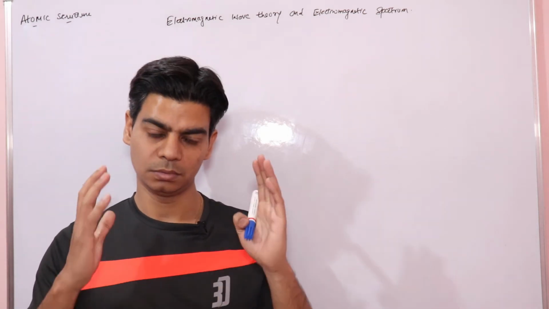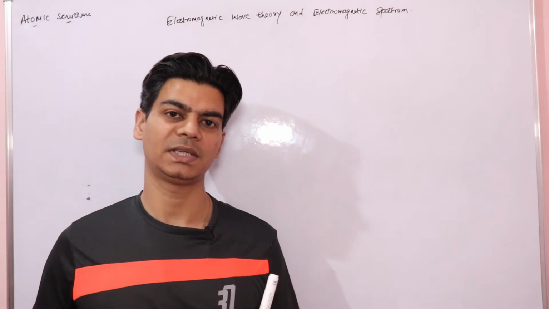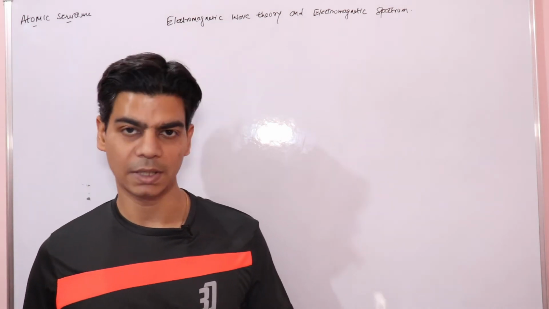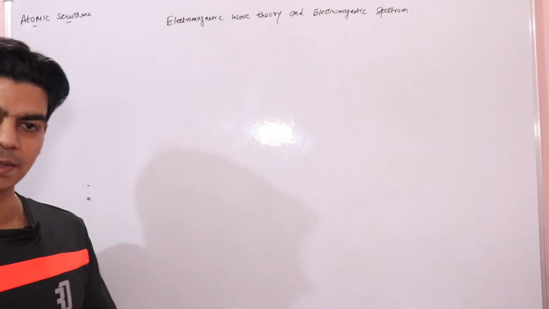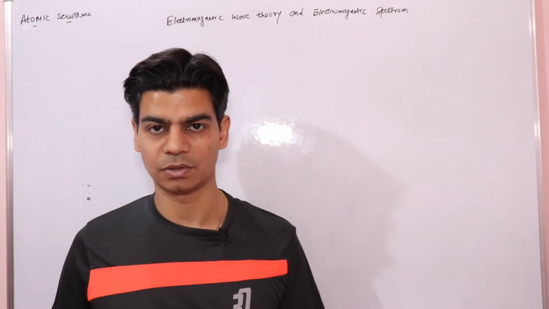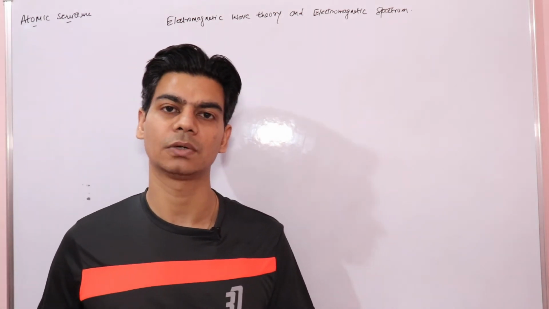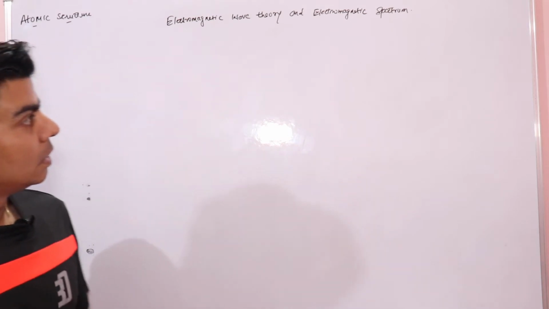So the two major drawbacks of the Rutherford model are the distribution of electrons around the nucleus and the line spectrum of elements.